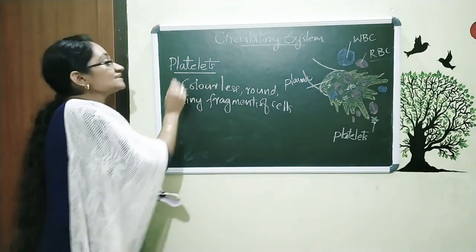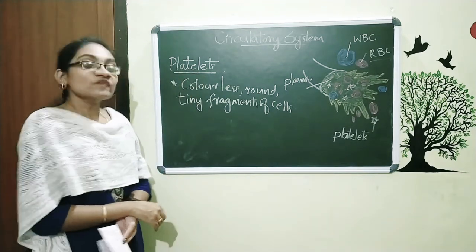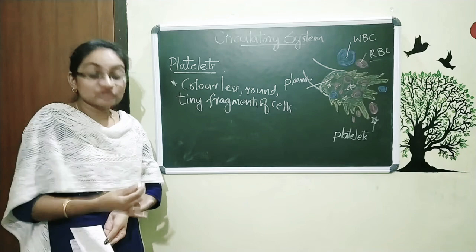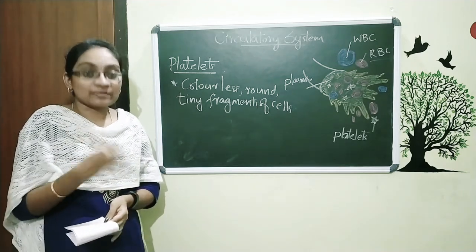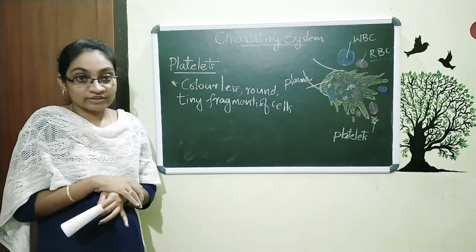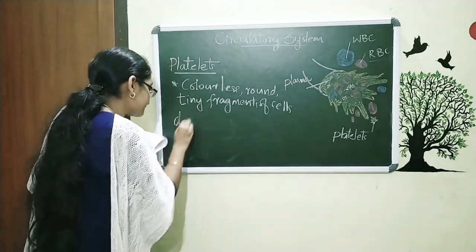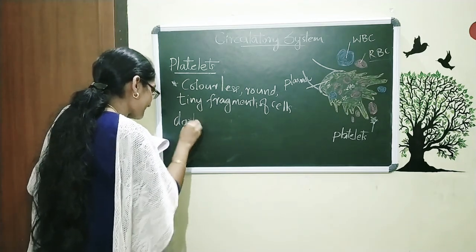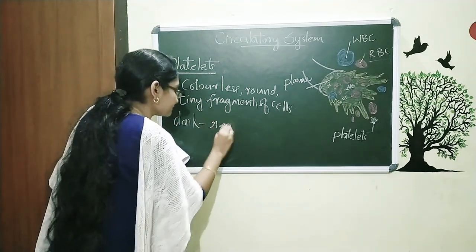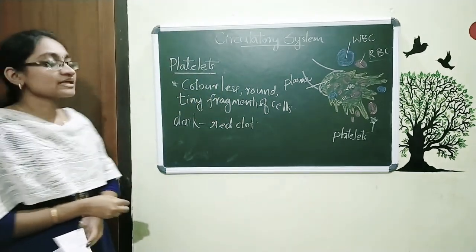Now the question is, what is the function of these platelets? When a person gets injured, you can see the blood coming out, and after some time the blood will clot. That means you can see a dark red clot. How does this dark red clot come?